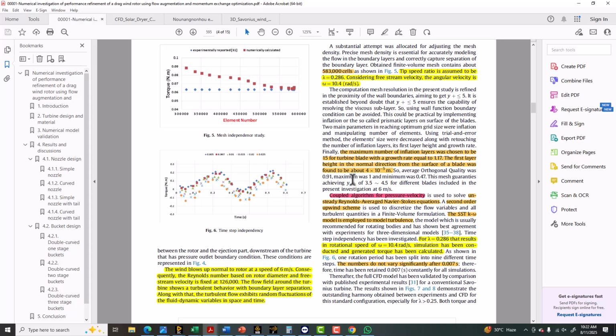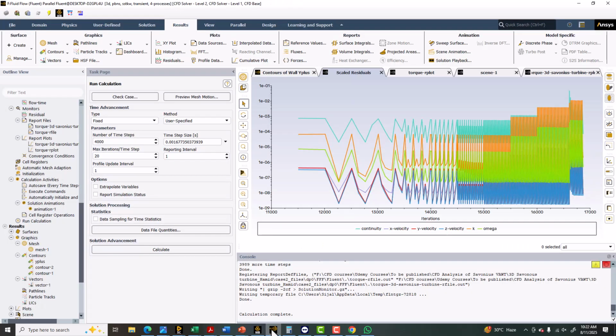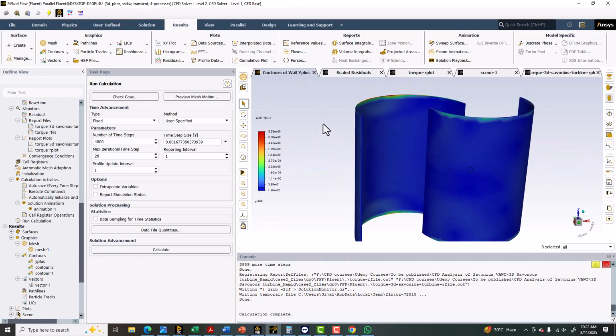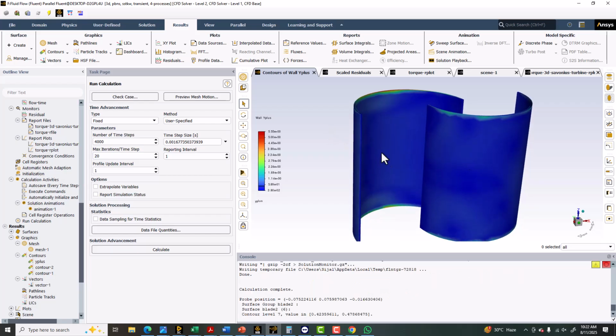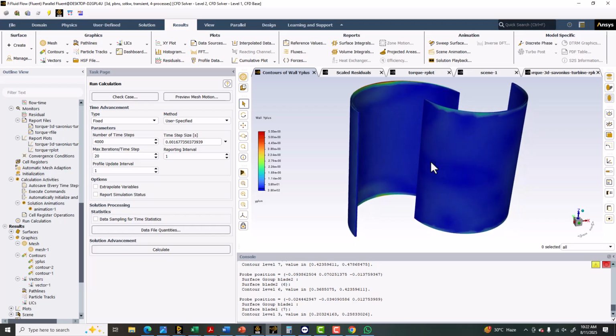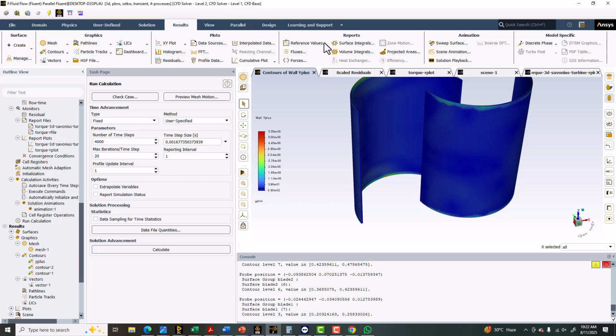And Y plus in our case is less than 5, that you can see here. Okay, 5.5. So the majority of Y plus is 0.2 to 0.4. Okay, so less than 1. Every Y plus value is less than 1.